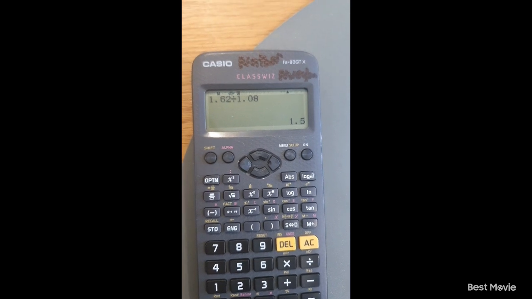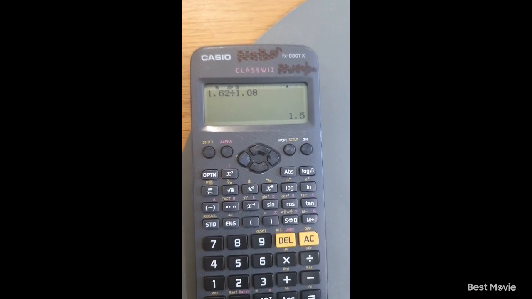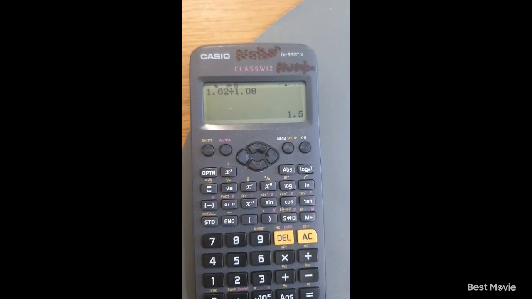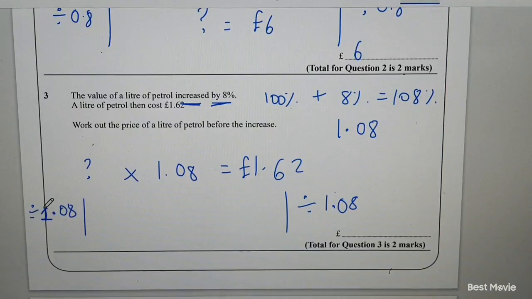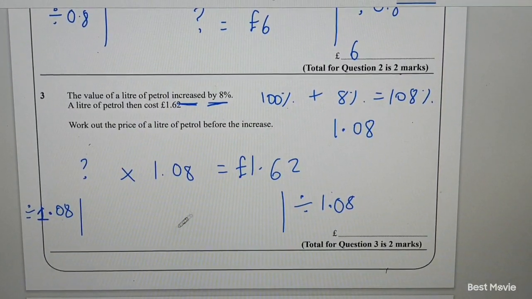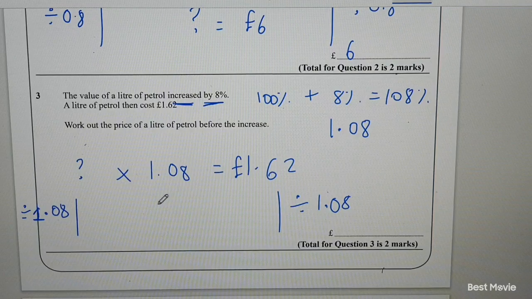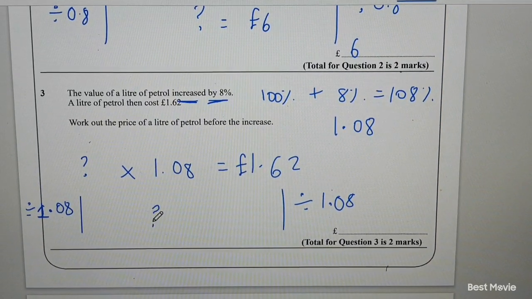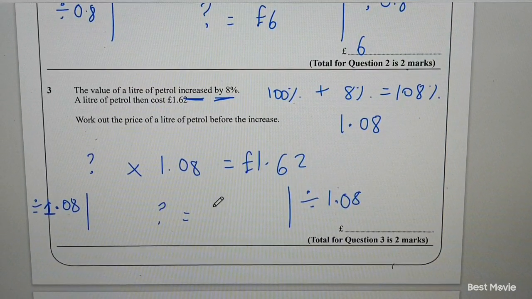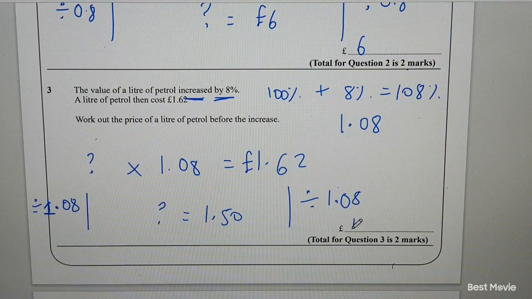Because it's money, it needs to be £1.50, so you need to put a 0 at the end of that 5. So the original value before the increase was £1.50.